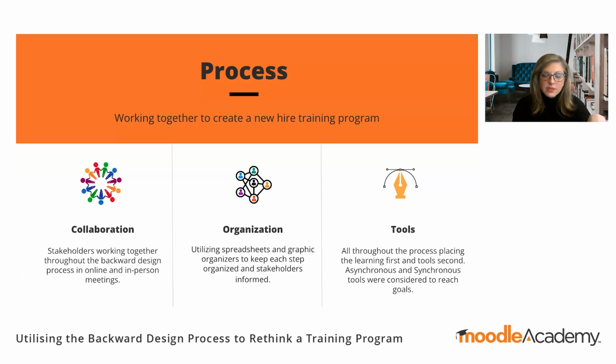This is one of the things that happens along the way: the backwards design model does take a lot of time, does take a lot of input for quality training to be developed, because you want to have everybody have a voice and really break everything down.